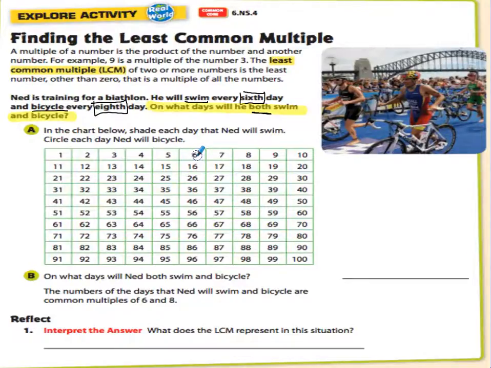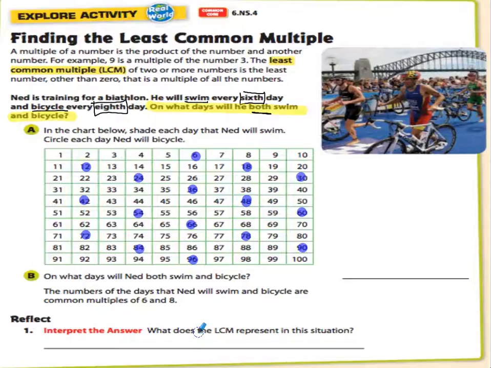All right, so we have the 6th day, and then another 6 days would be 12, and another 6 days would be 18, and then 24, 30, 36, 42, 48, 54, 60, 66, 72, 78, excuse me, 84, 90, 96. All right, so each of these days that I've highlighted are days that he will swim on every 6 days.